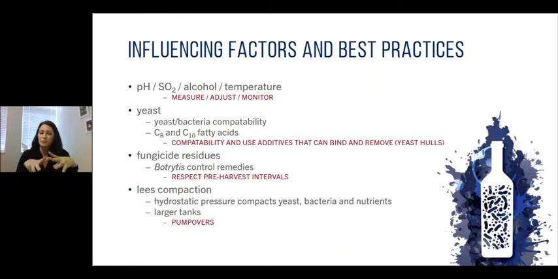The compatibility between the yeast and the bacteria, because as soon as you have a stressed yeast component, you have other metabolites being produced. Some of them, like the fatty acids, could be detrimental to the bacteria, and you may need to treat the wine to remove some of these if it's necessary.